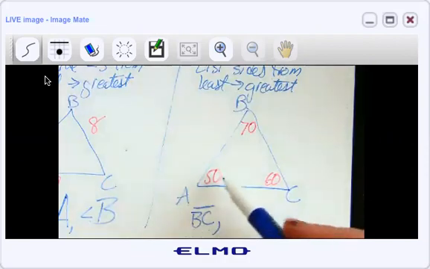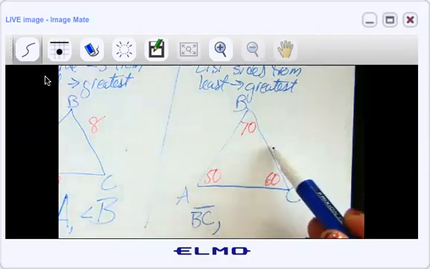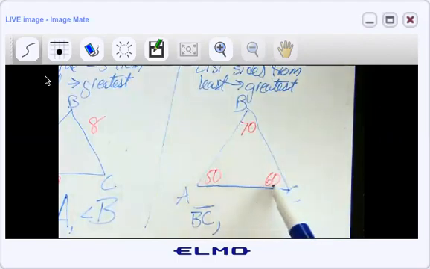So 50 is our smallest angle, so BC was our smallest side. The next smallest angle is 60, isn't it? So we want the side that's across from 60.